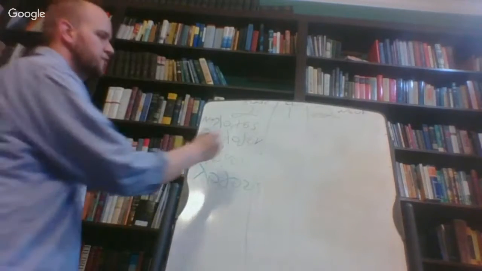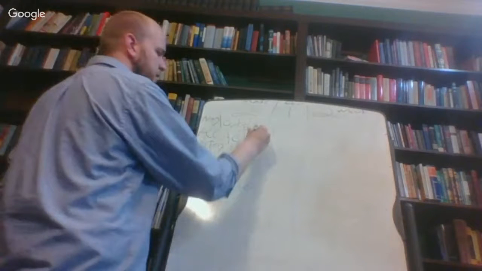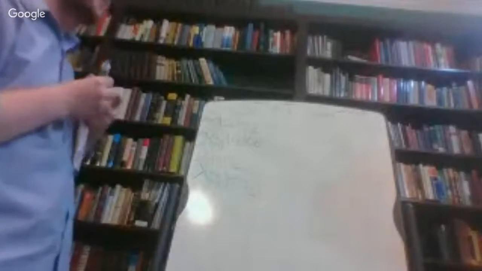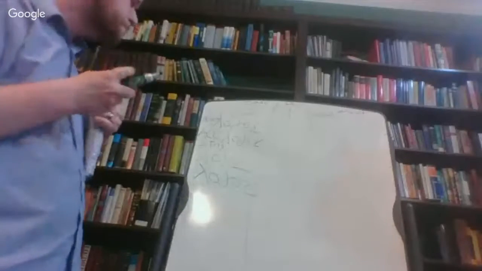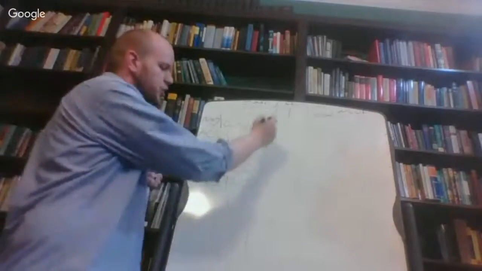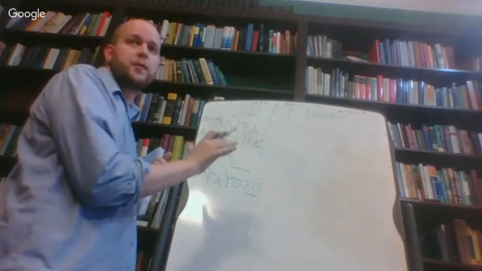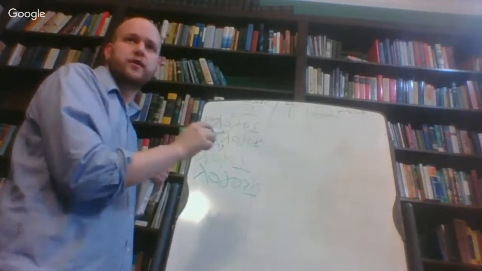So what I'm going to do here, I'm just going to underline the changes that you're seeing. So this is going to help you remember. So this is half of a paradigm. And so I'm going to show you how to remember the chart. So you don't have to memorize the paradigm, but you do need to recognize it as you're translating.